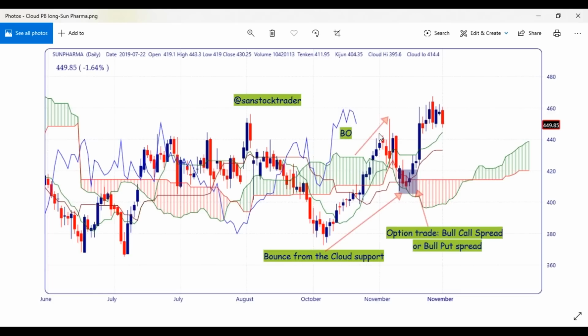A deep pullback with low volatility means option prices are really low. And as I said, in this strategy, whenever we get a pullback, after the pullback we get an immediate strong trend in the next 3-4 candles.